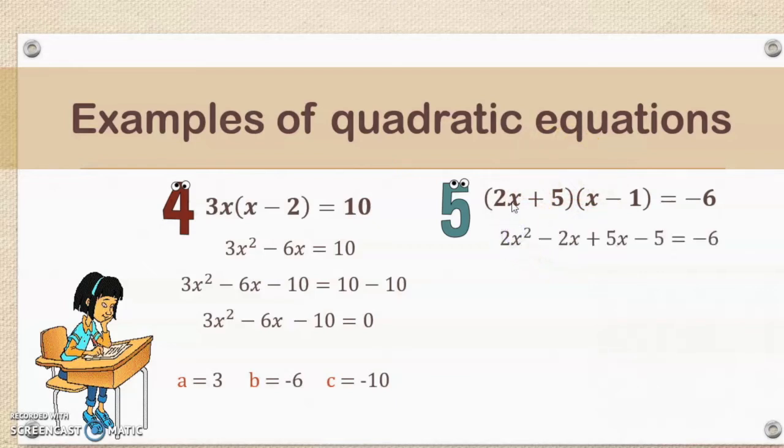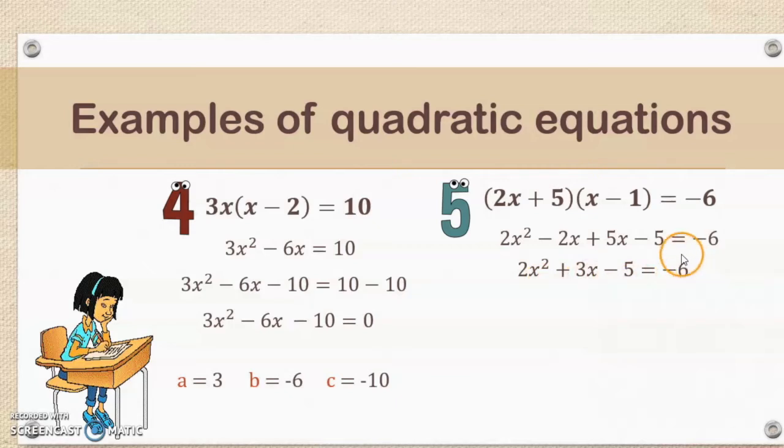So 2x times x is 2x squared, 2x times negative 1 is negative 2x, 5 times x is 5x, and 5 times negative 1 is negative 5, equal to negative 6. Then, next step is to simplify negative 2x and 5x because they are similar terms. So, what is negative 2x plus 5x? That is equal to 3x. So, 2x squared plus 3x minus 5 is equal to negative 6.